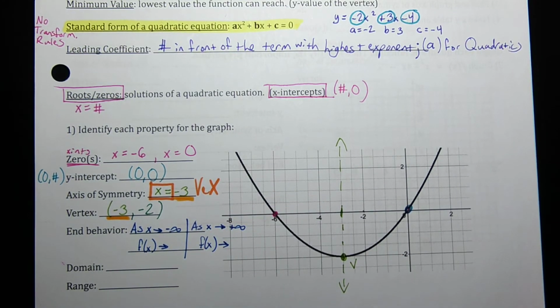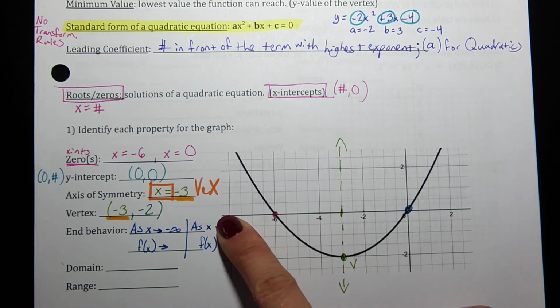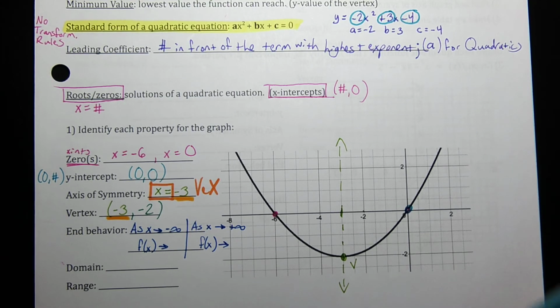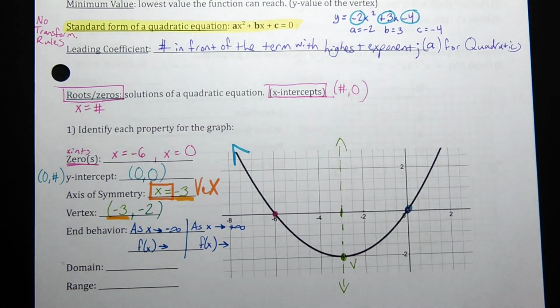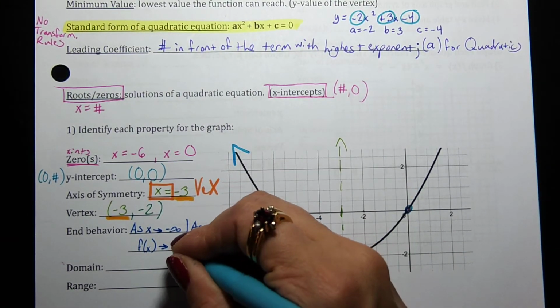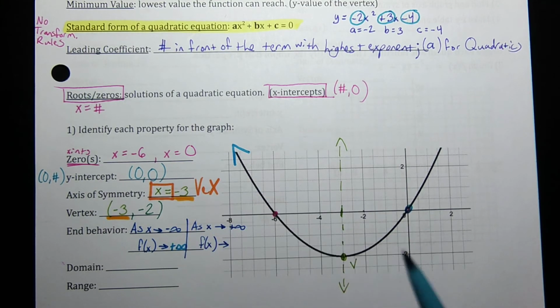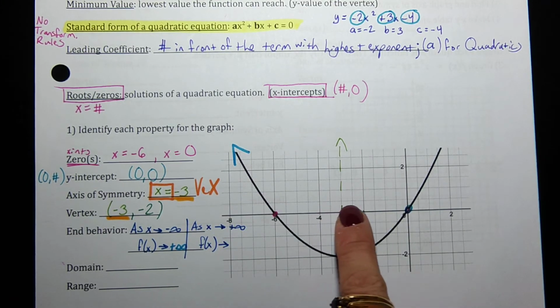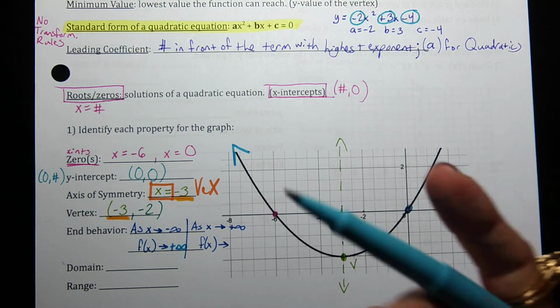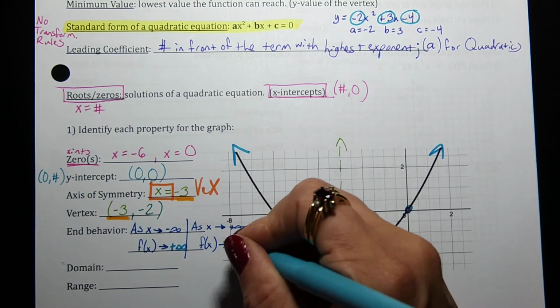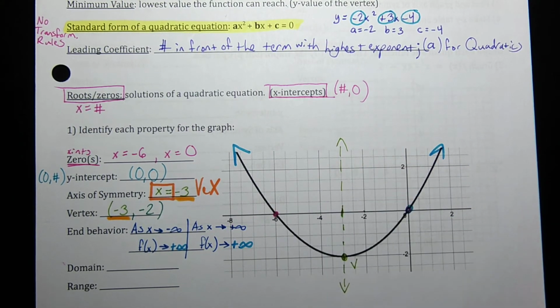And we can read this directly from the graph. As we go towards -infinity, what is my function heading for? Infinity or +infinity. And then as we go towards +infinity, this side of the graph is also going towards +infinity.